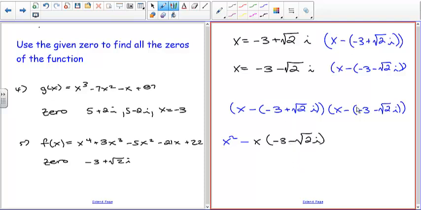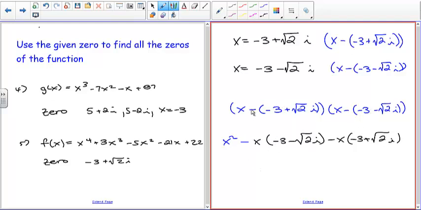So that's outer. Inner, you're still going to have negative x, and you multiply by this thing, which is negative 3 plus the square root of 2i. So that's the outer, that's the inner, and then you've got the next one.